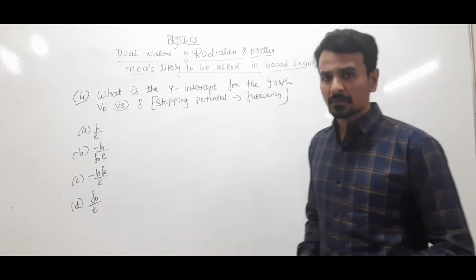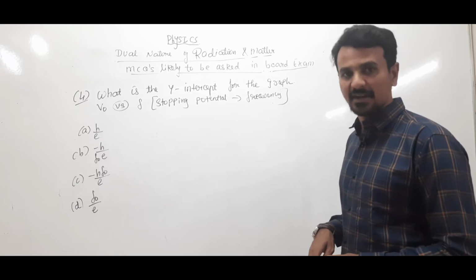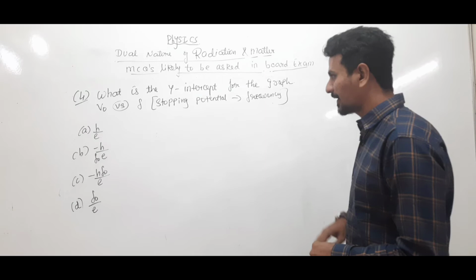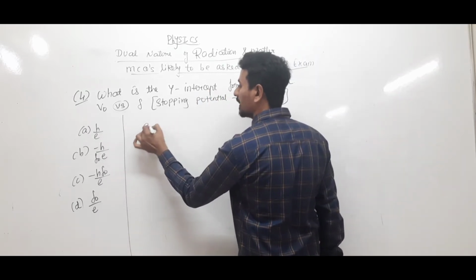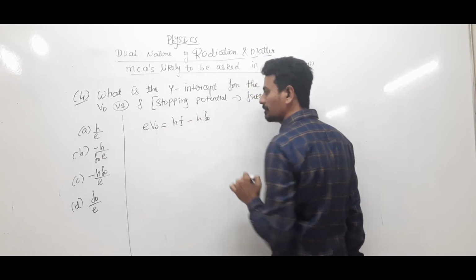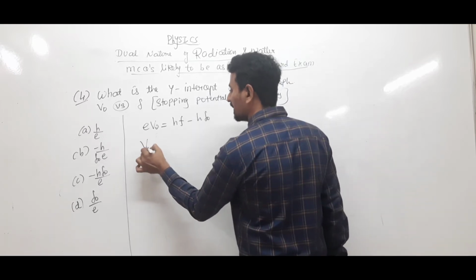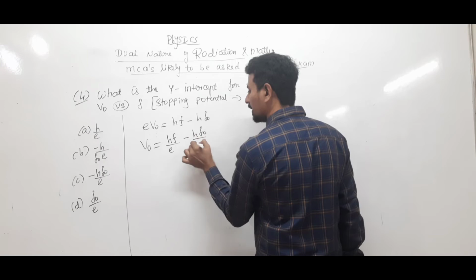The fourth one. What is the y-intercept for the graph V0 versus f? That is, the graph between stopping potential and frequency. We know that eV0 is equal to hf minus hf0, where V0 represents stopping potential. So V0 is equal to hf by e minus hf0 by e.